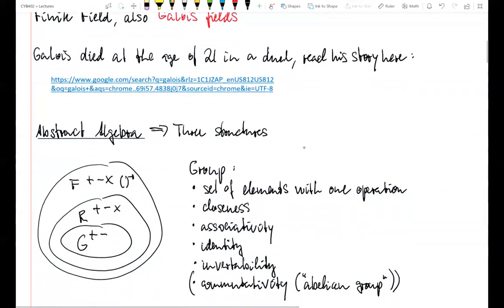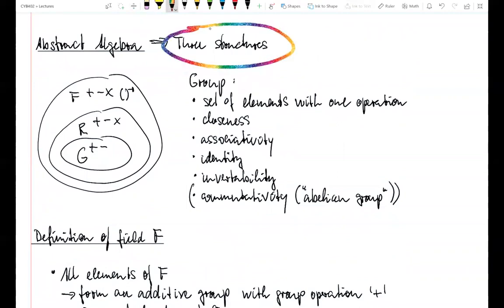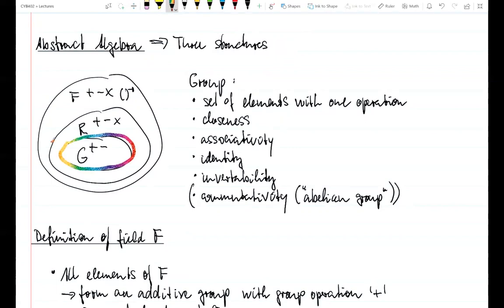Okay, so field theory has to do with abstract algebra. There are three big structures in abstract algebra, which are groups, and we kind of touched on that already, rings, and fields.